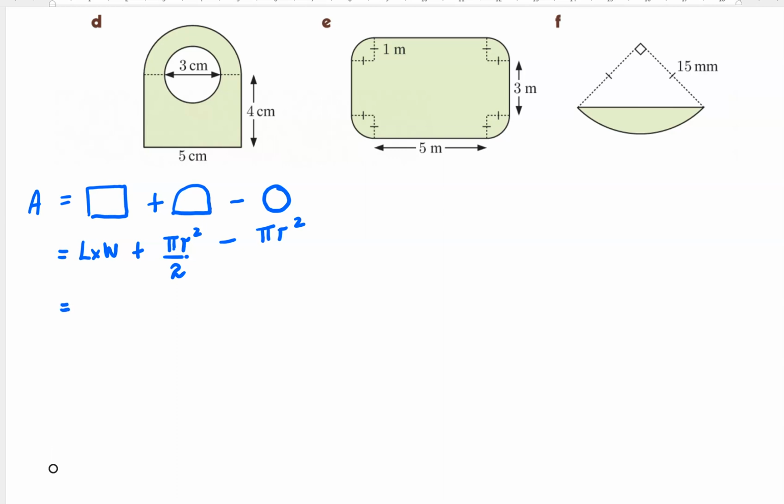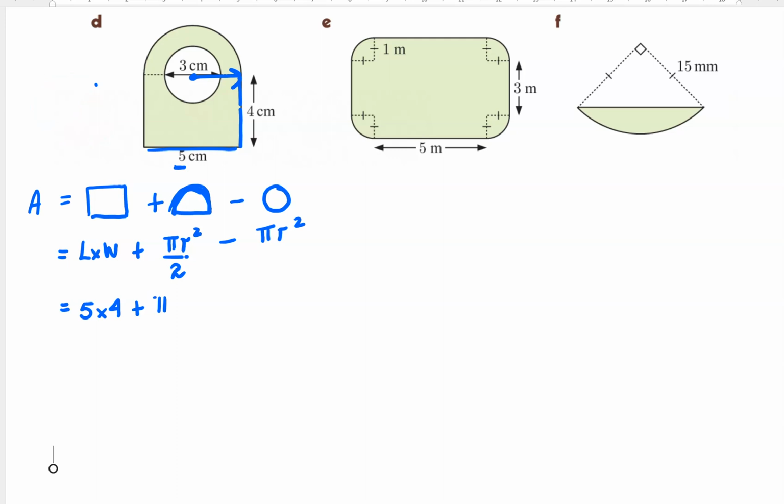And then we're going to take away the area of a whole circle. And now it's about finding the information for each one. So do we know the length and the width of the rectangle? Yep, that's 5 and 4. Okay, for this semicircle, we need its radius. So be really careful. Once again, it's from the center to the outside. So the diameter is 5. Okay, so just a reminder, diameter goes all the way through, but the radius is just halfway.